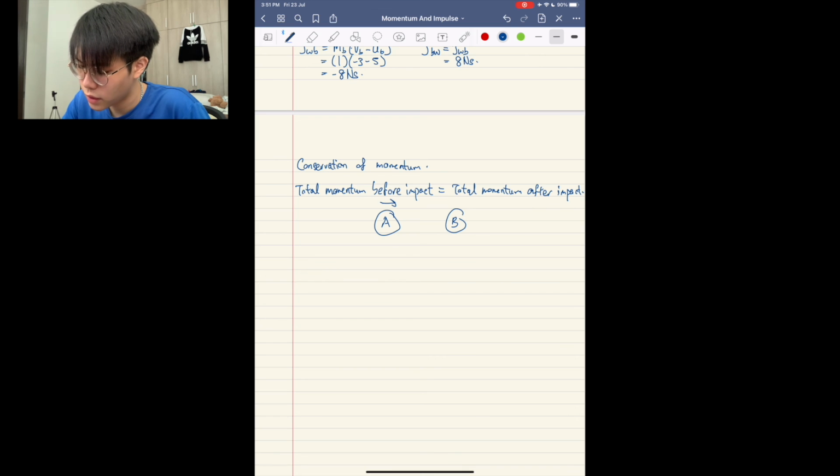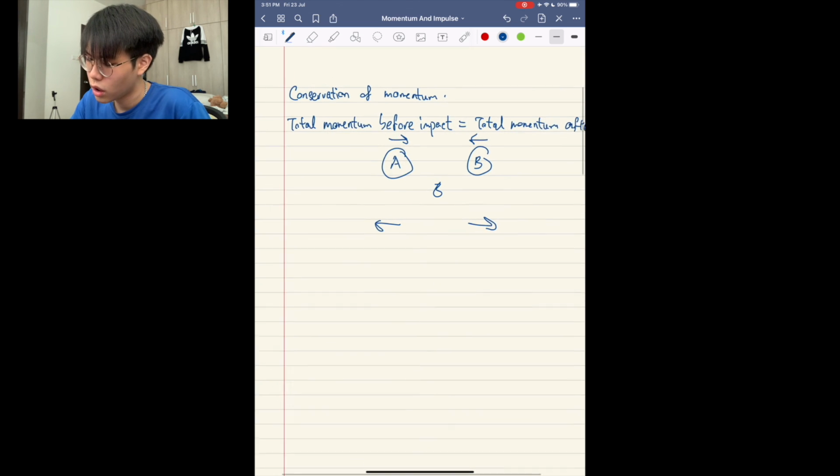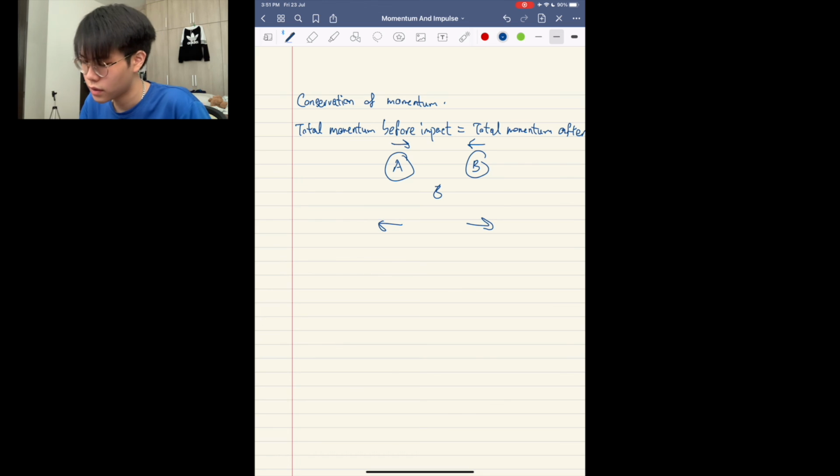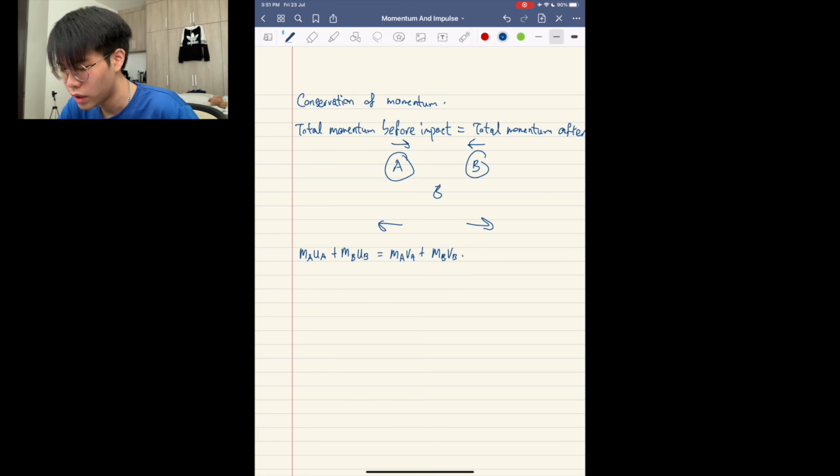Before they collide, they have initial velocities, and after they collide, we will have final velocities for A and B. So the equation is MAUA plus MBUB equals MAVA plus MBVB, which means the initial momentum of A and B is equal to the final momentum of A and B.